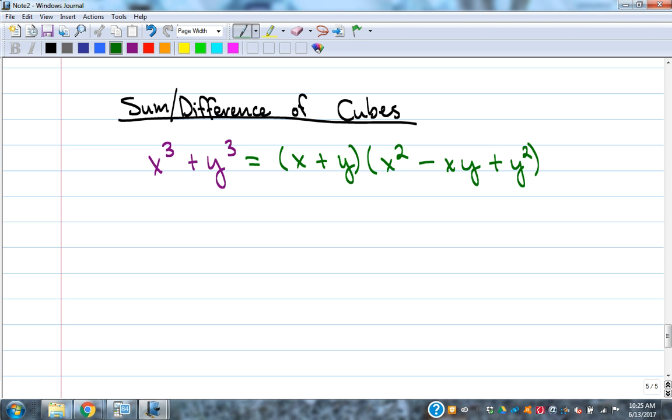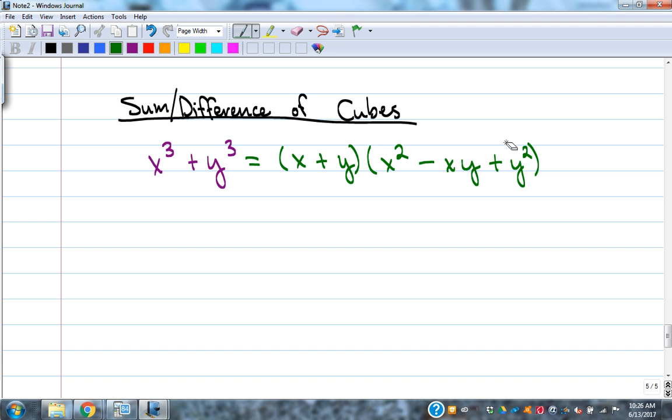We'll do a couple of examples that incorporate numbers to see what's happening here. So for a sum of cubes, whatever is cubed in the front plus something cubed in the back, take that number or letter and just add them in the front. Square in the front, square in the back.